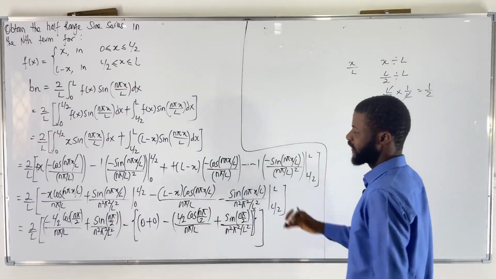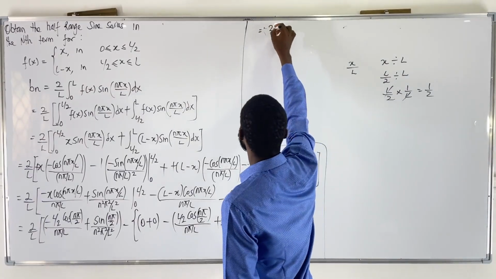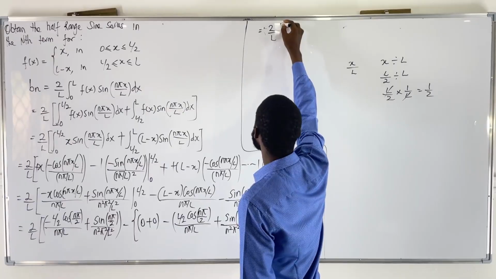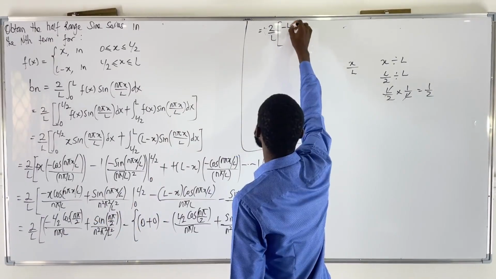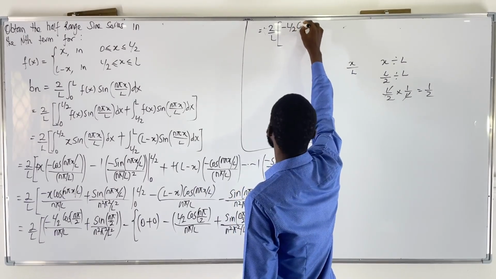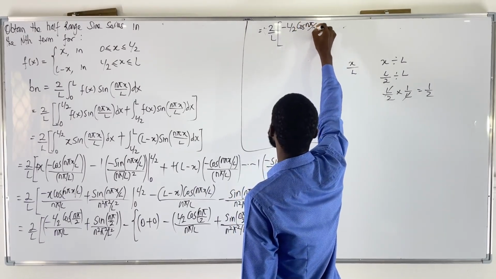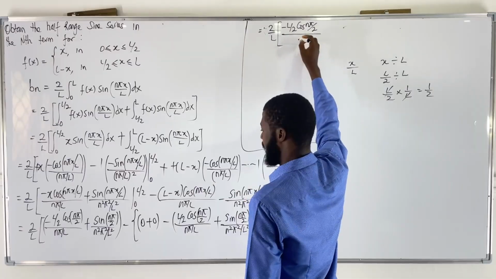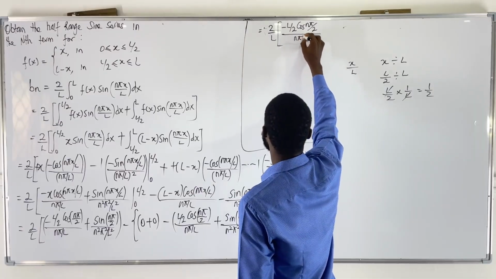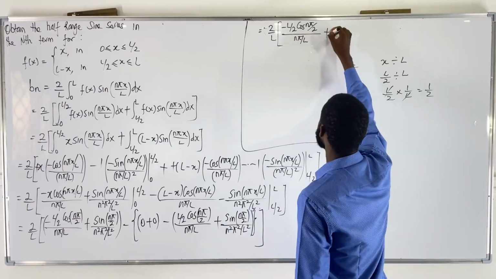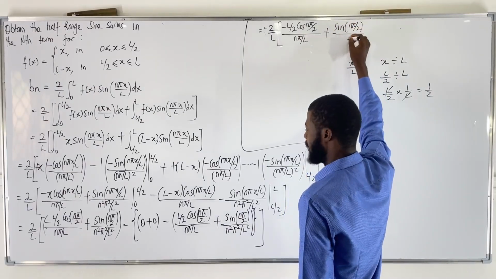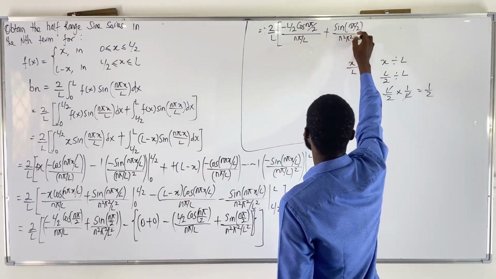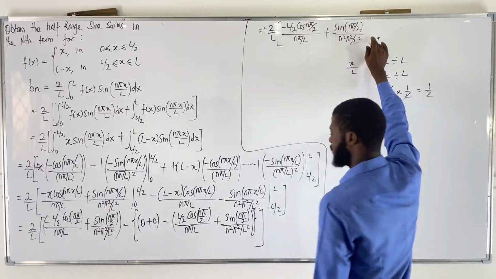This is a lot. Okay, so this is 2 over L. Then I could expand this to become minus L over 2 cos of n pi over 2 divided by n pi over L, then plus sine n pi over 2 divided by n squared pi squared over L squared.